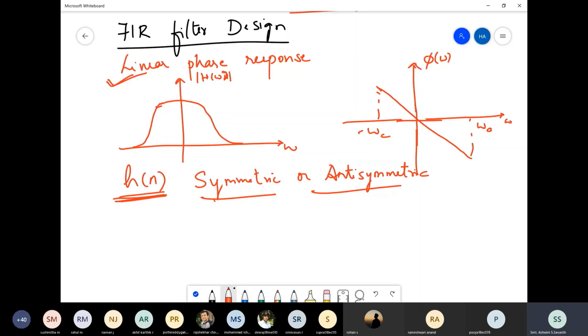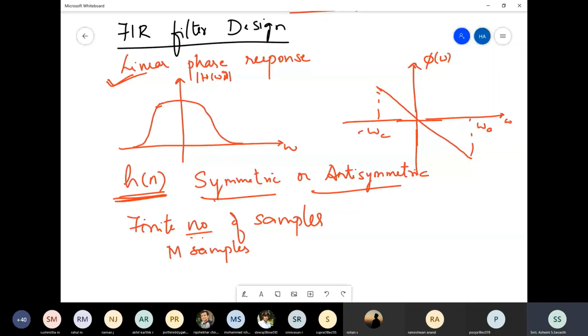The impulse response of the system will be symmetric about the midpoint of the signal, because your h of n here has a finite number of samples. That is the definition of your FIR filter, finite impulse response filter. It has a finite number of samples in it, so it has M samples in the impulse response of the filter.